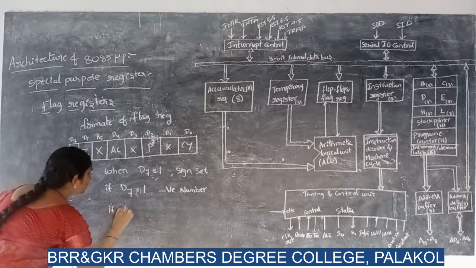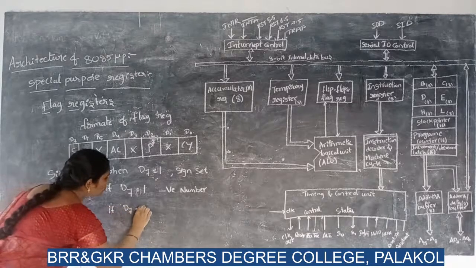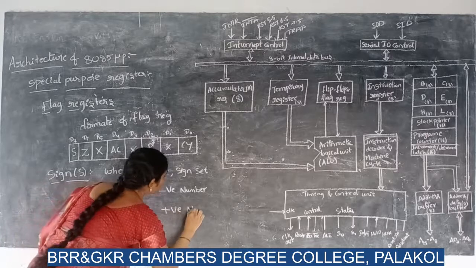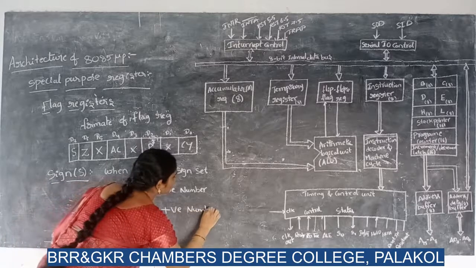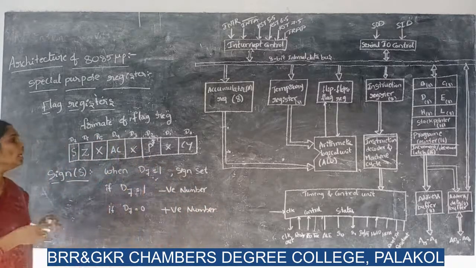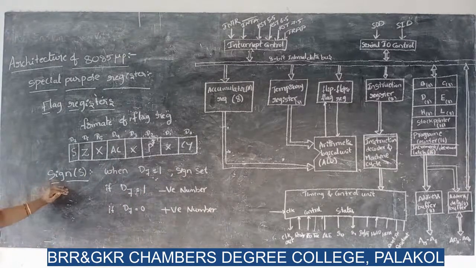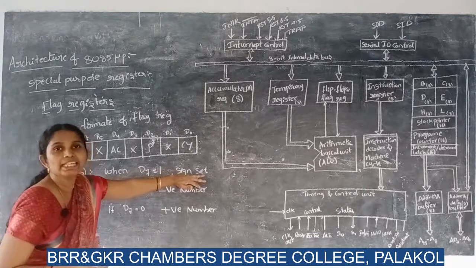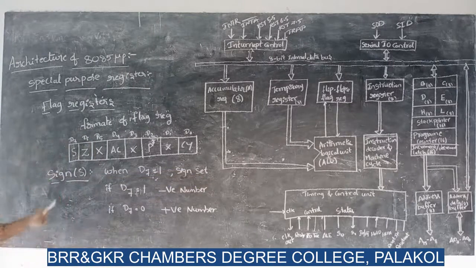If D7 is equal to 0, the given number is a positive number. So that is the sign flag: when the D7 bit is equal to 1, the sign flag is set.